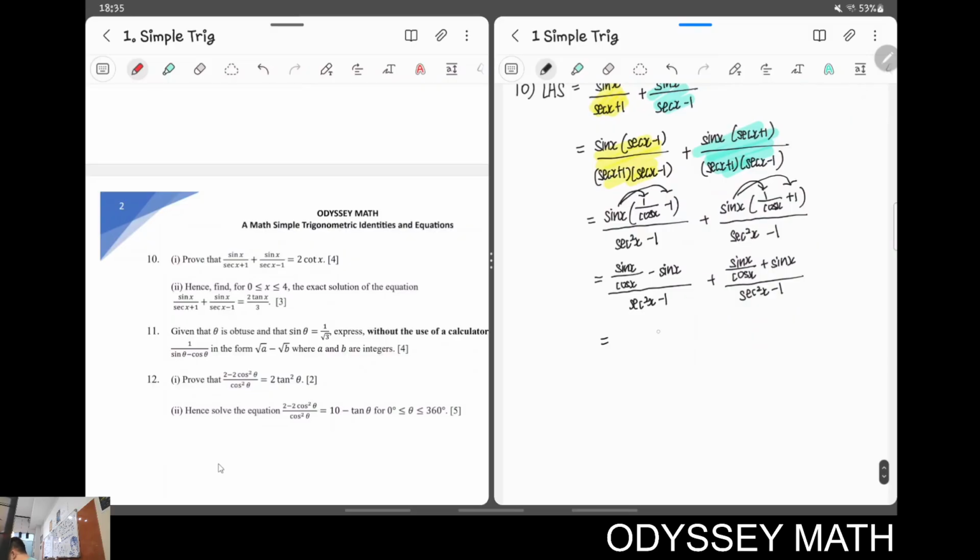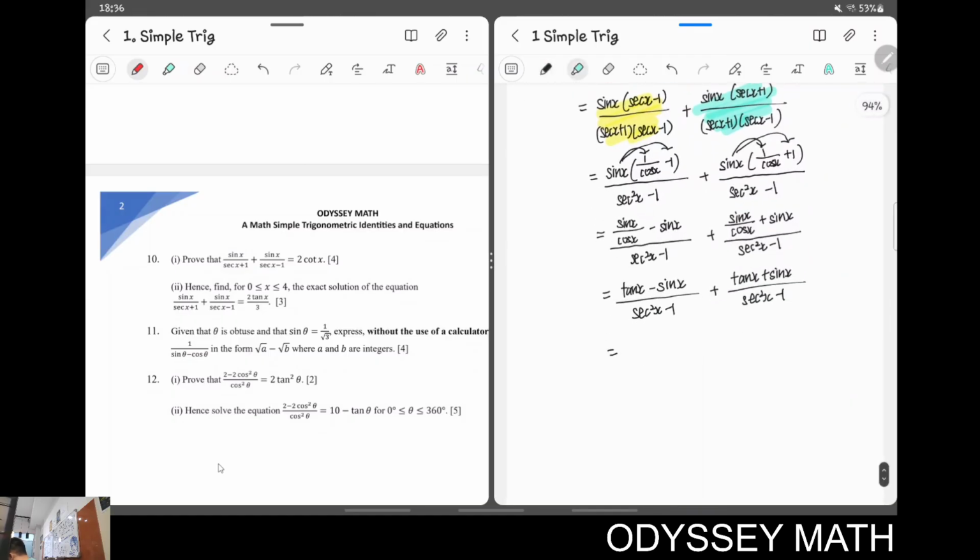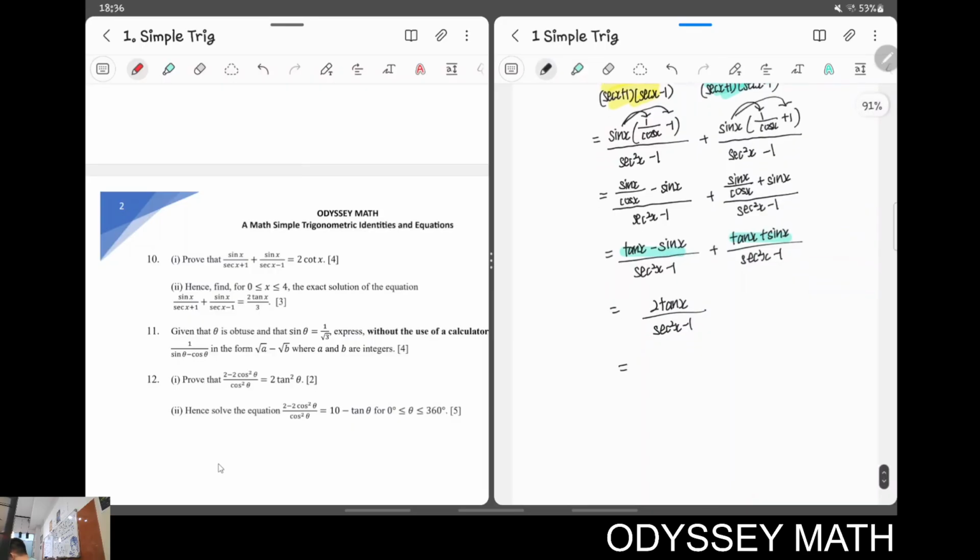If you add the two numerators together, but before that, sine x over cosine x is tangent x. Then you add both of them together, you will have 2 tangent x. Do you remember this trigo identity? 1 plus tangent squared x equals secant squared x.